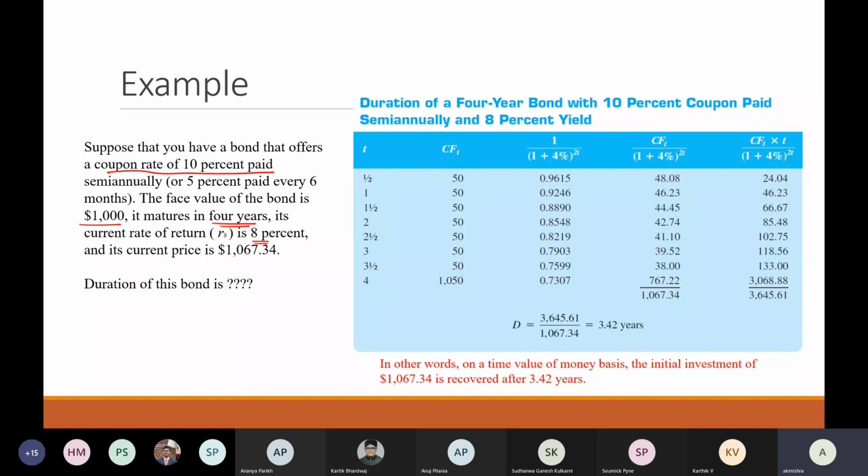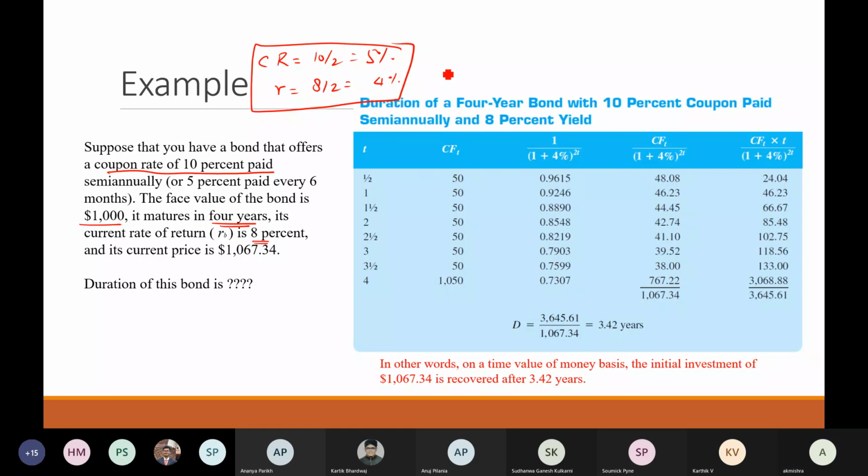Because this is semi-annual, your coupon rate effectively becomes 10 by 2, so basically 5. And your discounting rate, your required rate of return, is 8%, so your R will become 8 by 2, so effectively 4%.